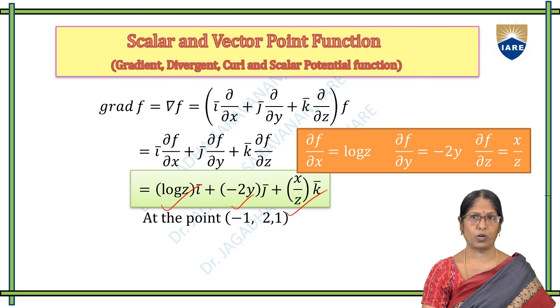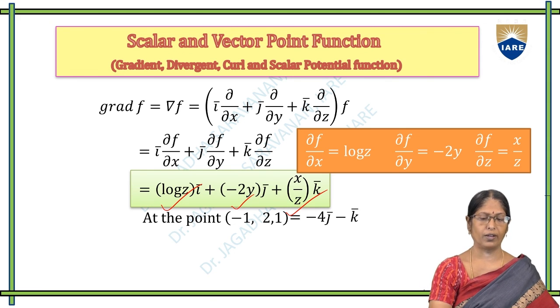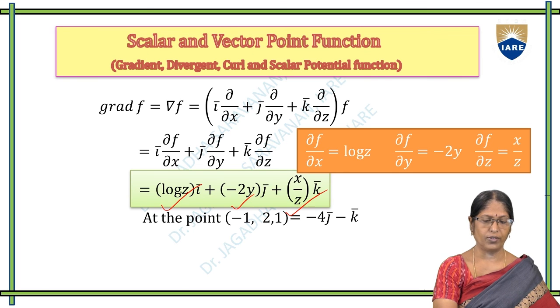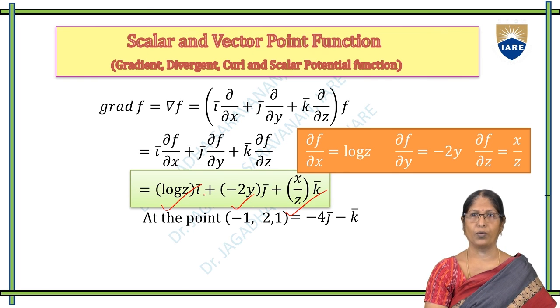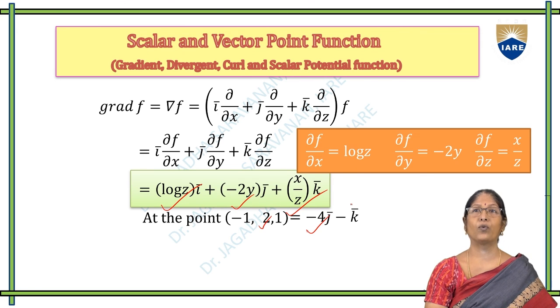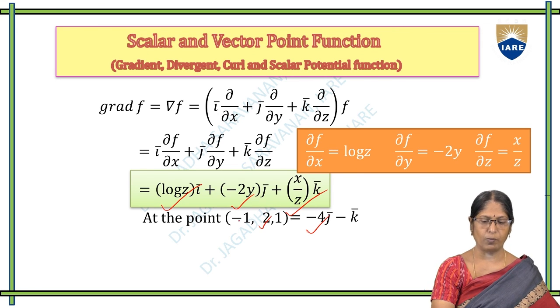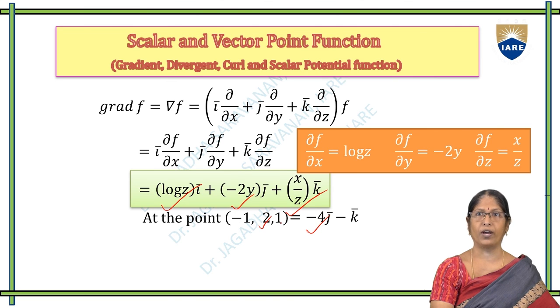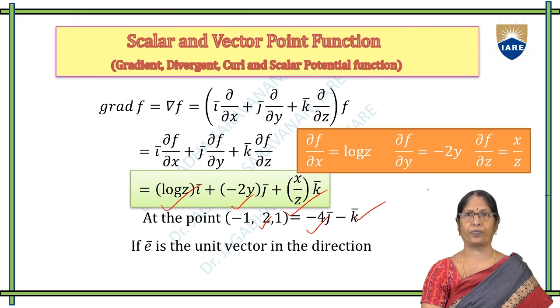Now at the particular point minus 1, 2, 1, if we substitute here, log 1 is 0. Here minus 2y into 2, so minus 4j. X is minus 1 divided by 1, minus 1 into k, minus k.